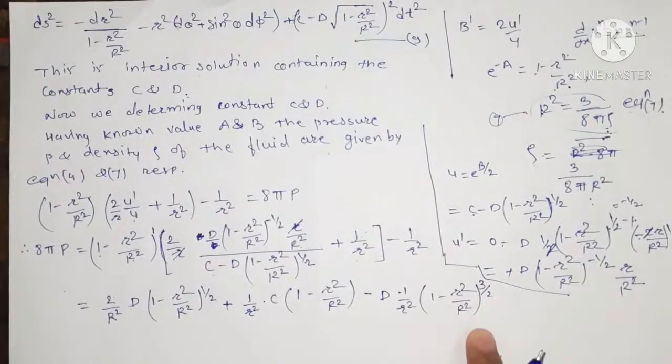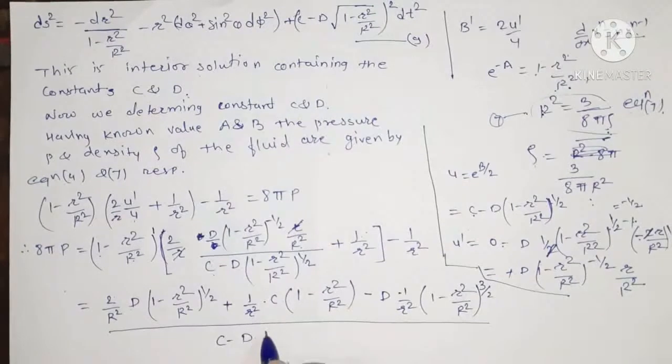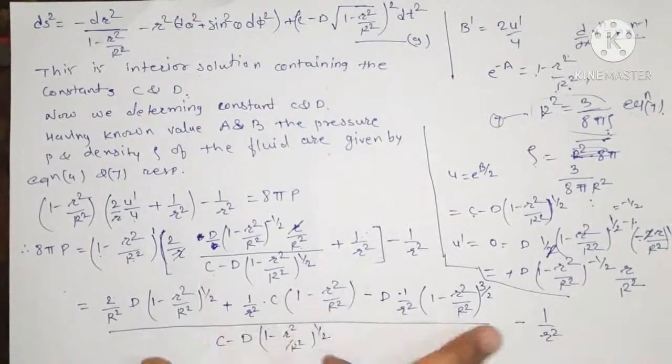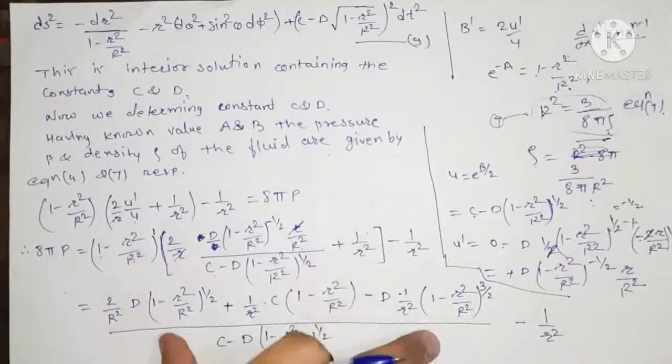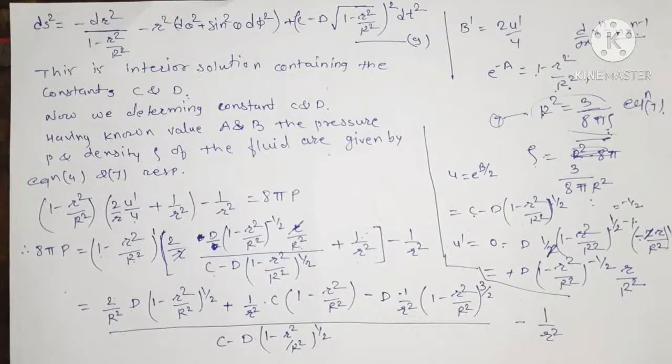Okay, so this is 1 minus r square upon capital R square to the power 3 upon 2, and the whole term is divided by c minus d (1 minus r square upon capital R square) whole to the power 1 upon 2 minus 1 upon r square. This is a bracket term, minus this term, remaining is 1 upon r square.